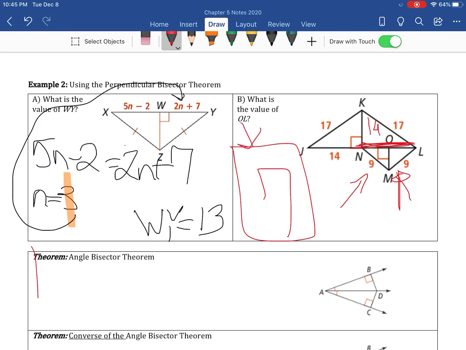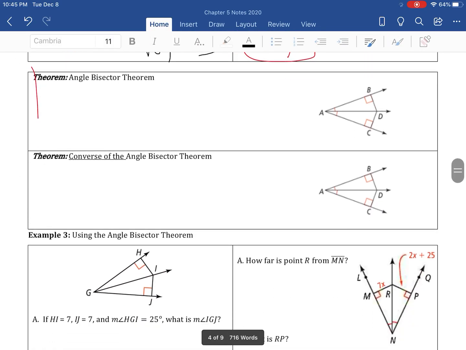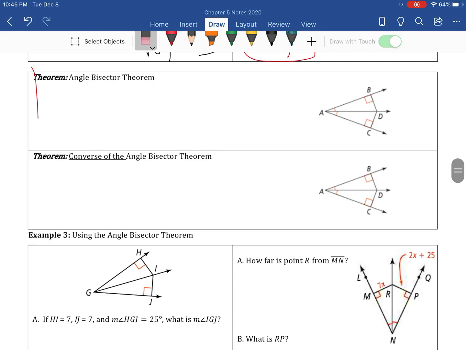All right, so this happens on lengths of line segments here. It also happens for angles as well, right? So if we're looking at angles here, the angle bisector theorem talks about the same thing.